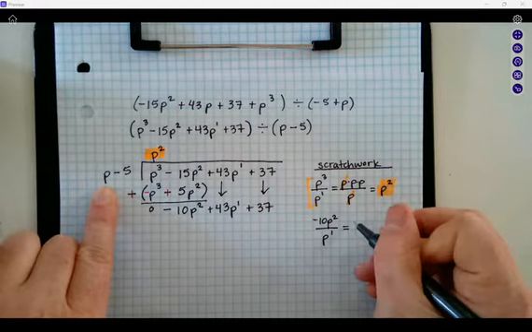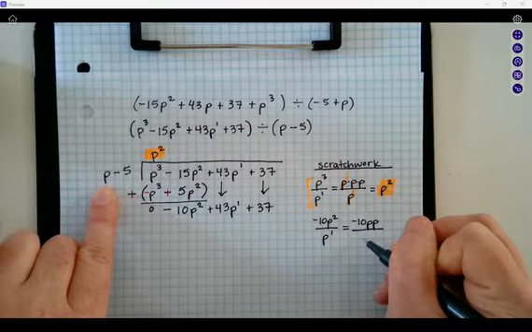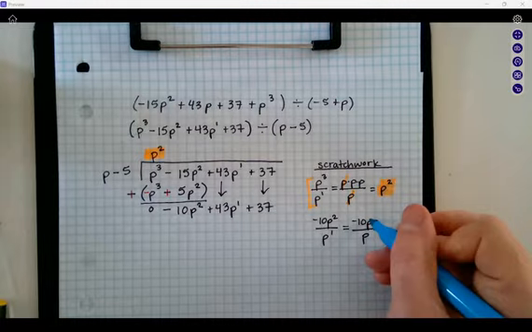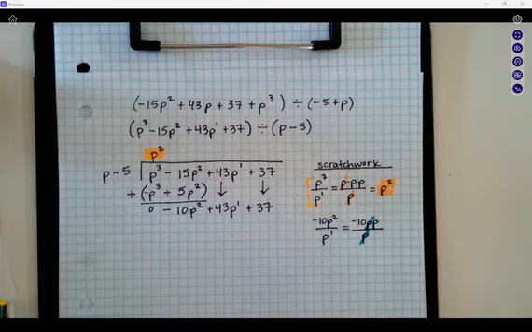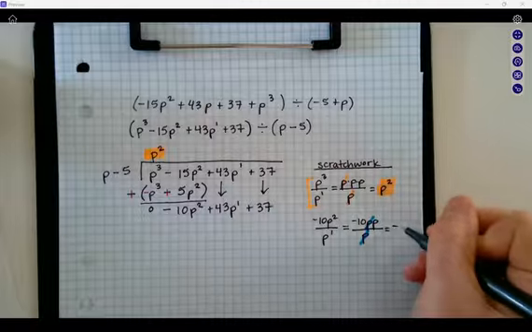So that's the same thing as negative 10 times p divided by p. I'm going to have some simplification happen. So I'm left with negative 10p.